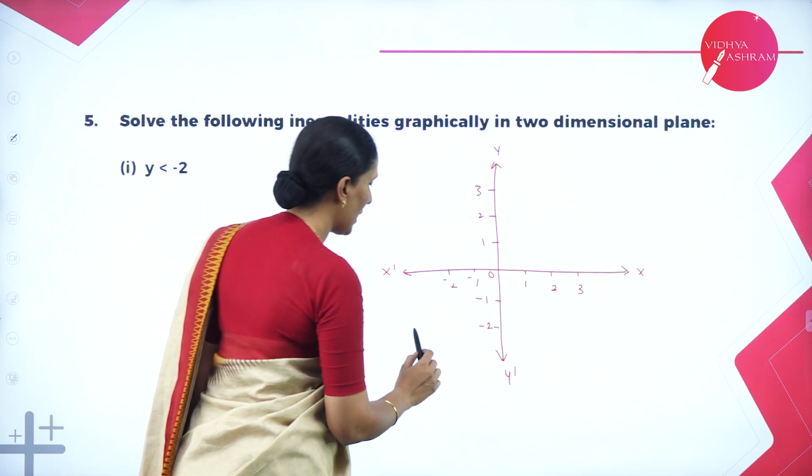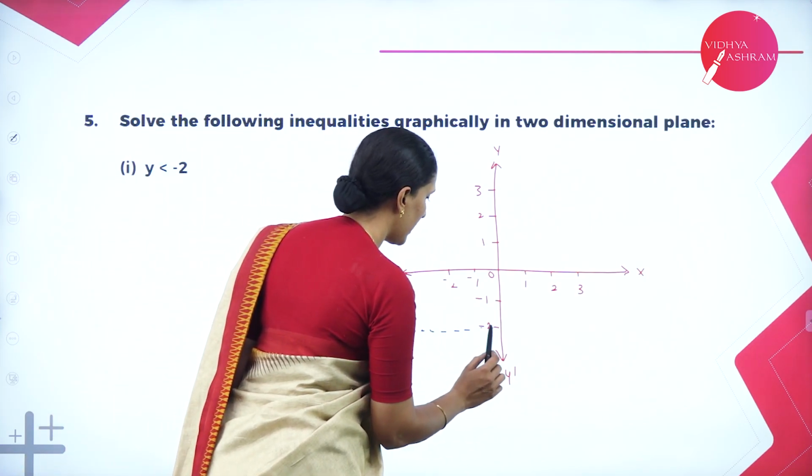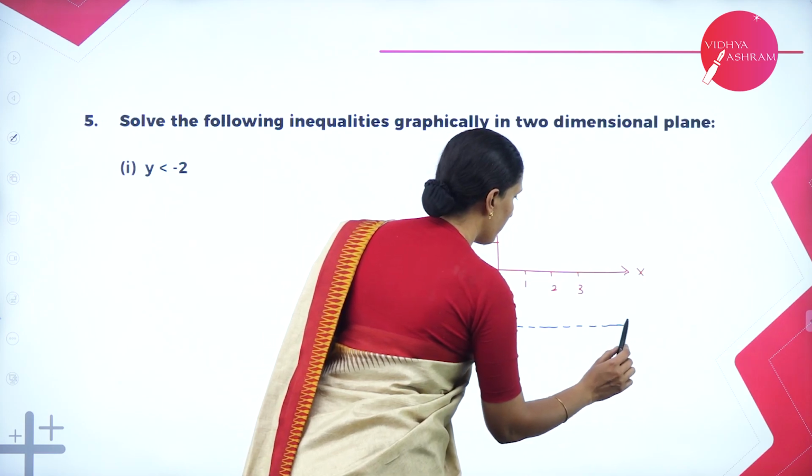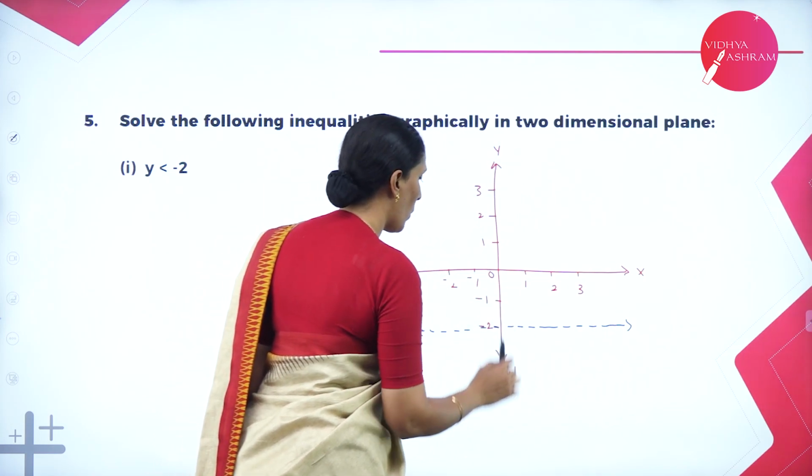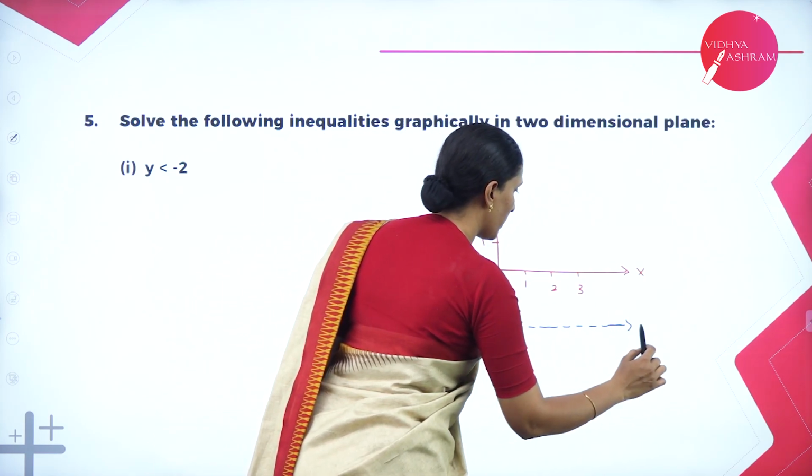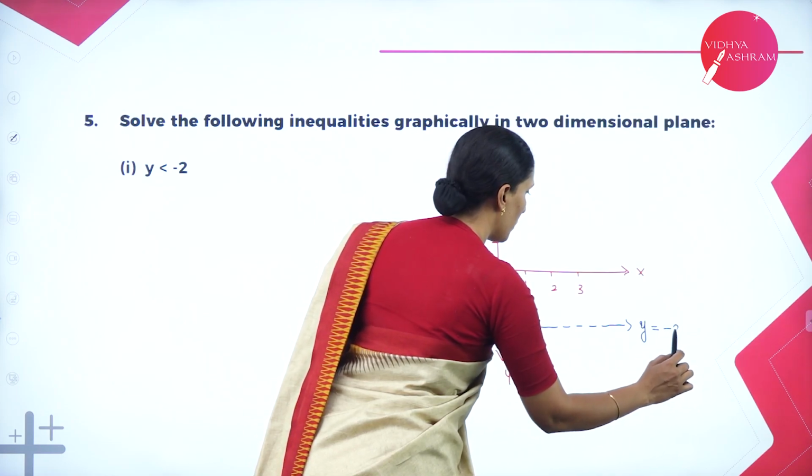So draw a straight line at y is equal to minus 2, which intersects the y-axis at y is equal to minus 2 here. So this is the line y is equal to minus 2.